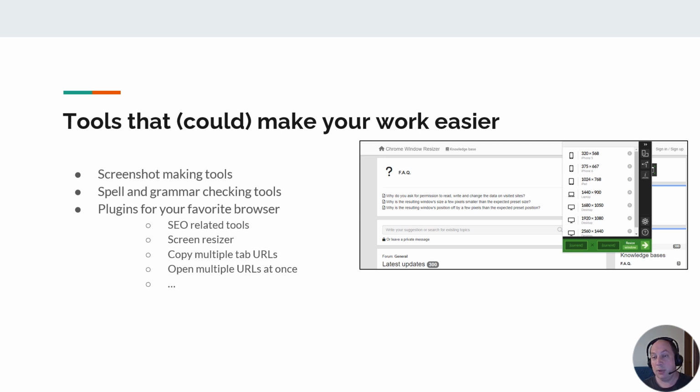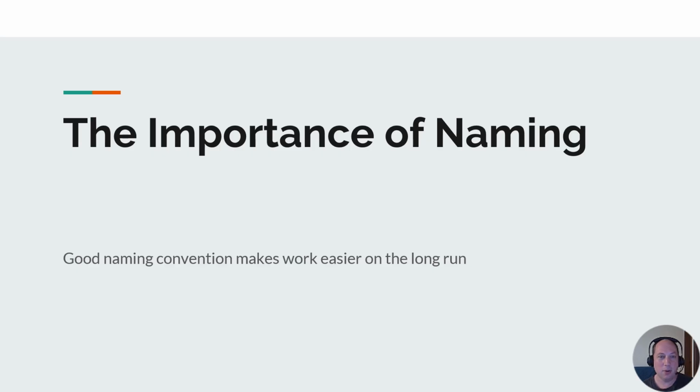And then when I open them, I use the other plugin to get all of the URLs, all of the titles of those pages, so I can check if everything is rendered in the right manner. So use every tool that you can to make your life a little bit easier.